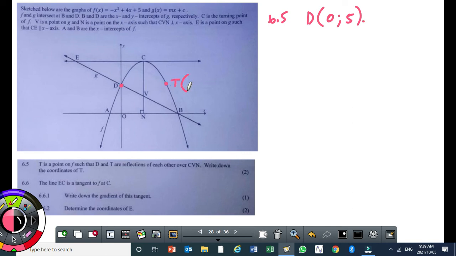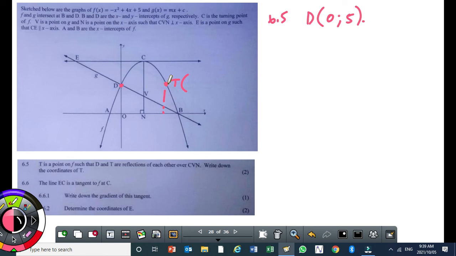Does the X value change? Does the Y value change? No. So the question now is, what will be the value of X here? Remember, Y does not change, but X changes.